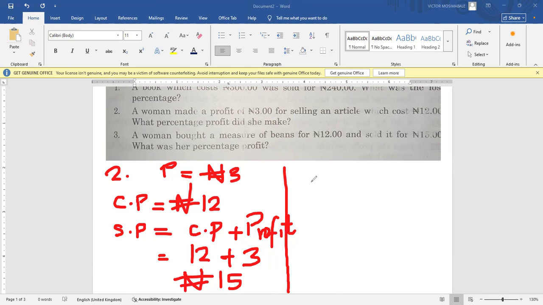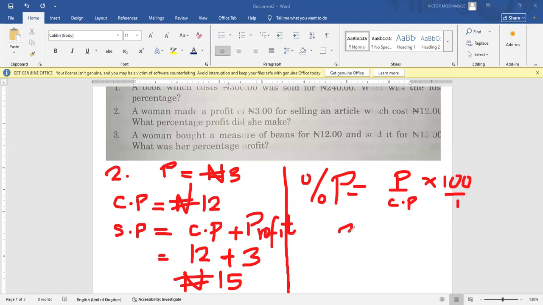So the percentage profit now will be the profit over cost price. So we don't even need the selling price anyways. The formula for percentage profit is actually the profit over the CP times 100%. I just wanted to solve for the selling price, but there's no need for that in the question.